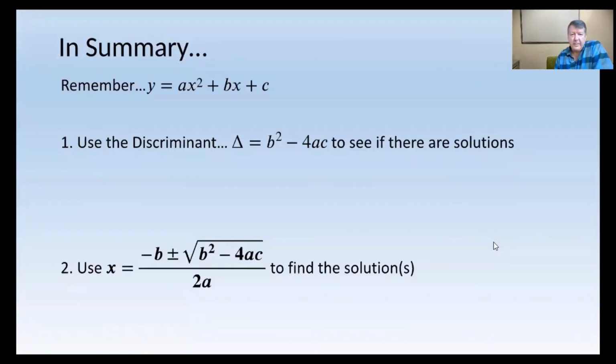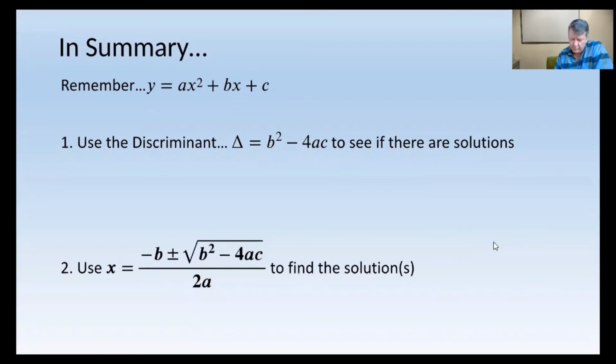Well, the first thing we need to remember is we need to have our equation in this order. So the x squared term first, the x term second, and our y-intercept third. Has to be in that order. After that, the very first thing we're going to do is use our discriminant delta to find out how many, or if there are in fact any solutions.